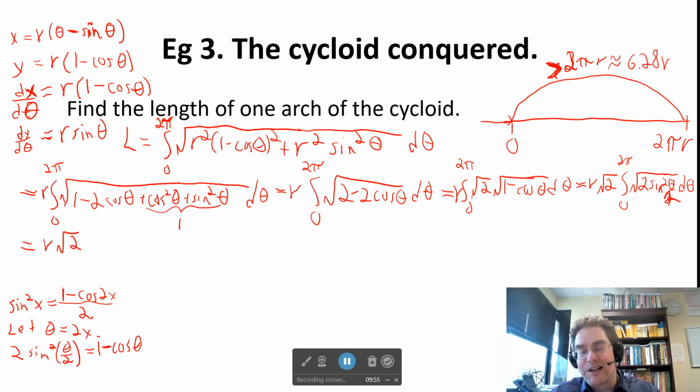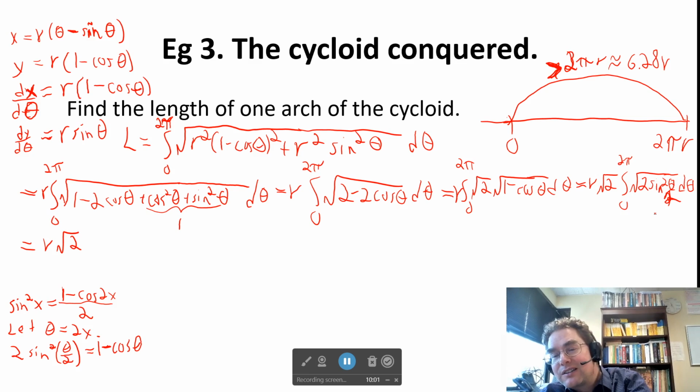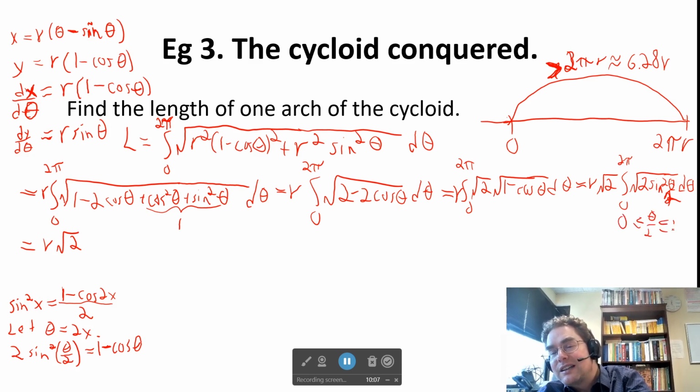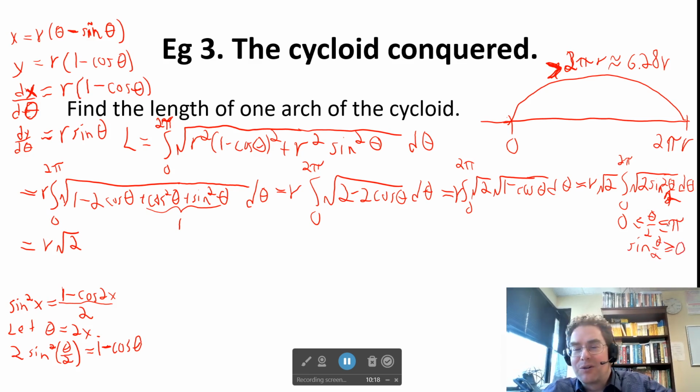Yes, theta is ranging from 0 to 2 pi, but theta over 2 is going to range between 0 and pi. Yay, problem resolved, because we know on that interval sine of theta over 2 is going to be greater than or equal to 0. So no nasty absolute values popping up in this situation.